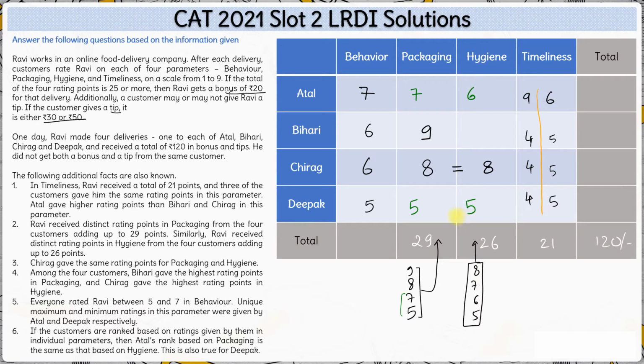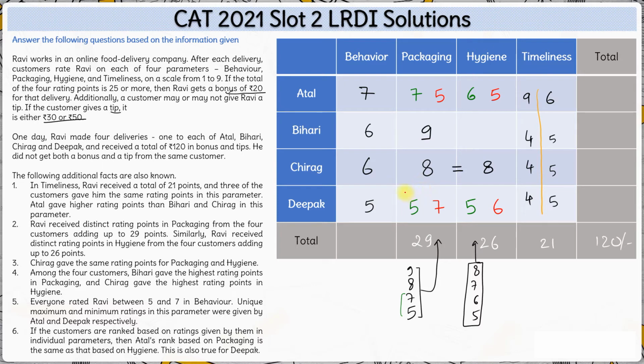Fine. Or in the other case, if Atal is fourth ranked in packaging, that means if Atal gives 5 points here, then Deepak will have to give 7 points here. That means Deepak is third ranked here. Now if Deepak is third ranked in packaging, Deepak also has to be third ranked in hygiene. That means Deepak will give 6 points here, and Atal has to be fourth ranked here, so Atal will give 5 points over here.